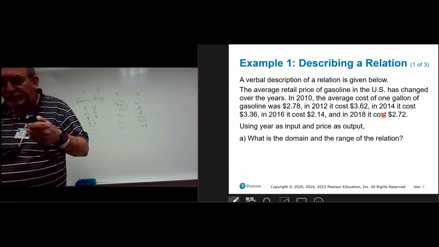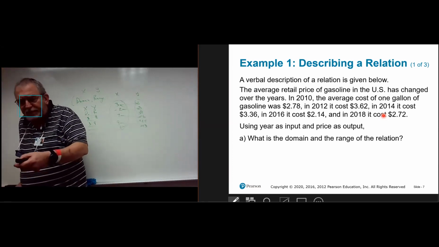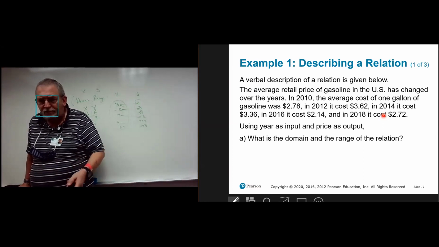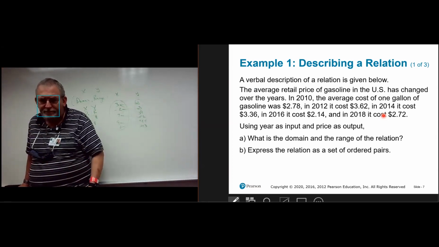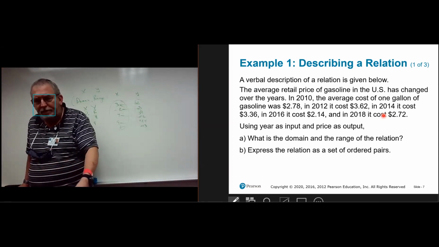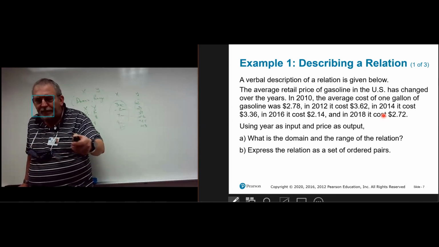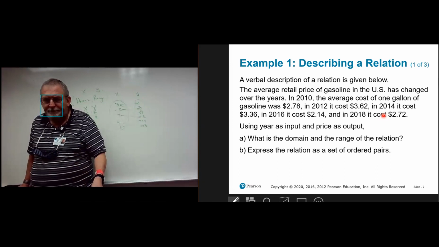All right, so the domain and range of the situation is that the domain is the year, so 2010, 2012, 2014, 2016, 2018, and the range is gas prices. Set of ordered pairs, well, 2010, 278, 2012, 362, on down the line.